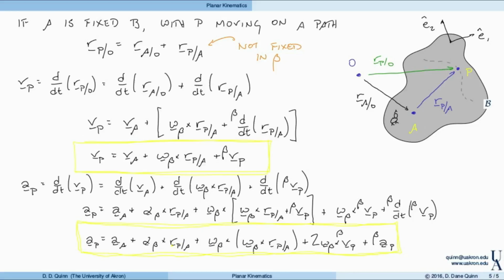So that's the RPA, the velocity of P with respect to the body, and the acceleration of P with respect to the body. Right, so again, this term represents the centripetal acceleration. And this 2 omega cross V term represents the Coriolis acceleration.